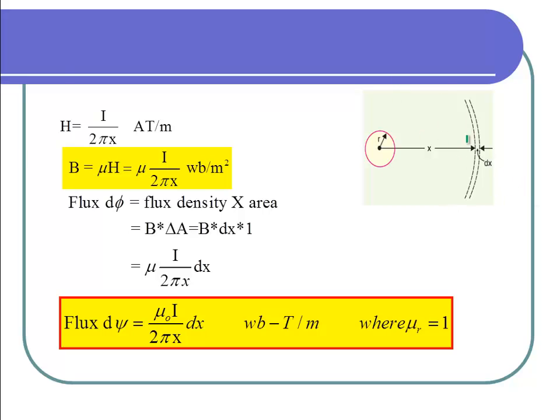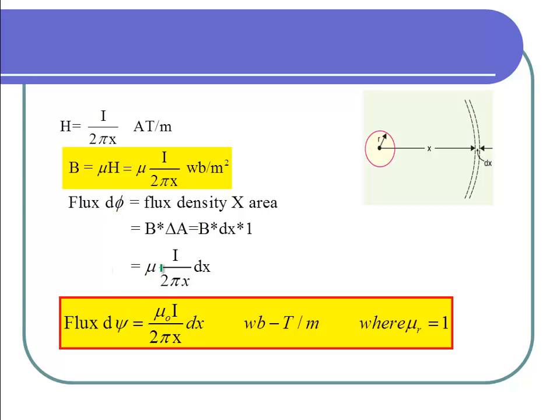So here the same thing: the magnetic field strength equals I by 2 pi x ampere turns per meter. The same way, flux density is mu into H, that is mu I by 2 pi x Weber per meter square. From this we can easily calculate the flux linkage on that circular path.